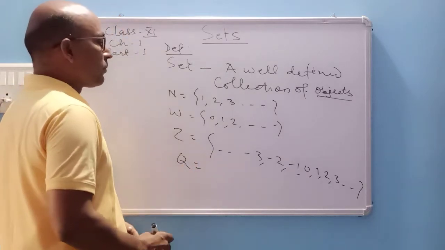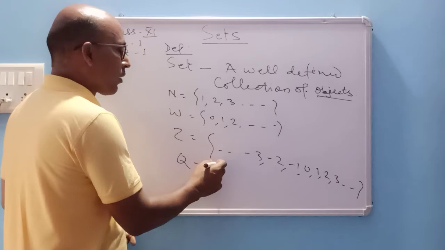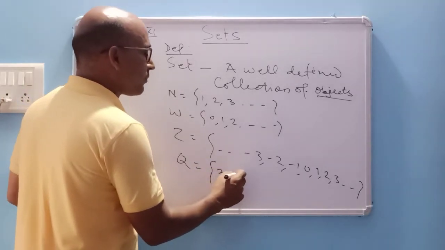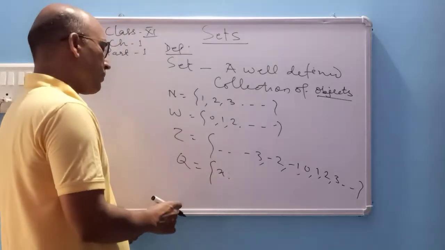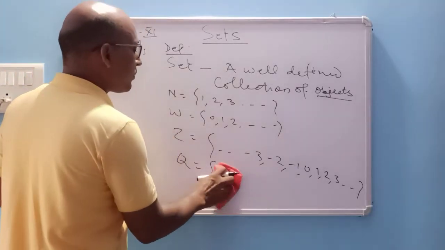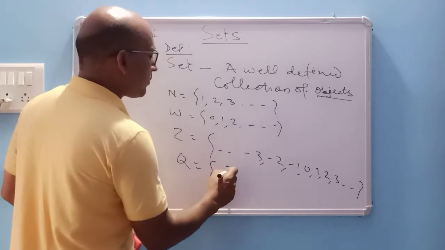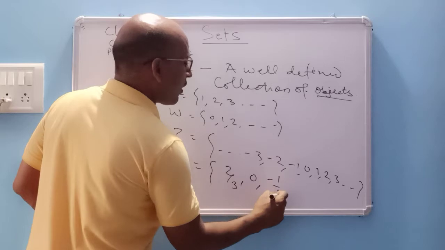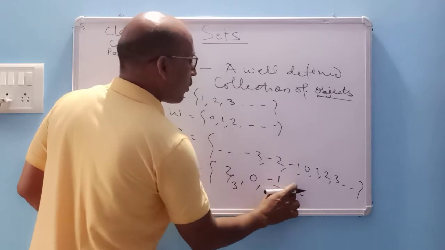Rationals, numbers of the p by q form, for example, 2 by 3, 0, -1 by 5, and so on.